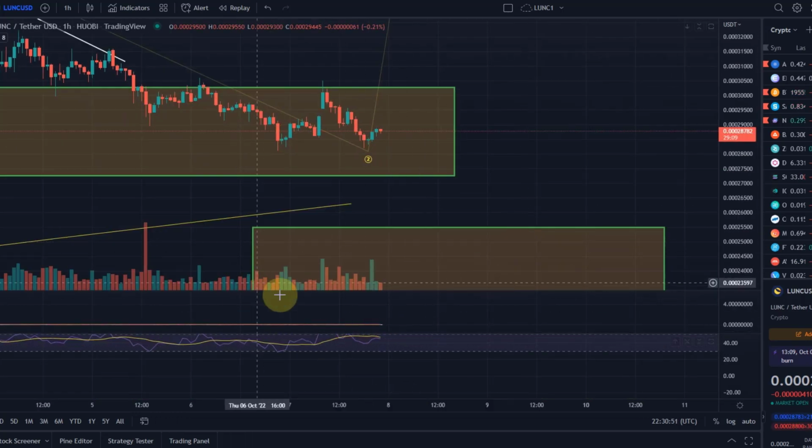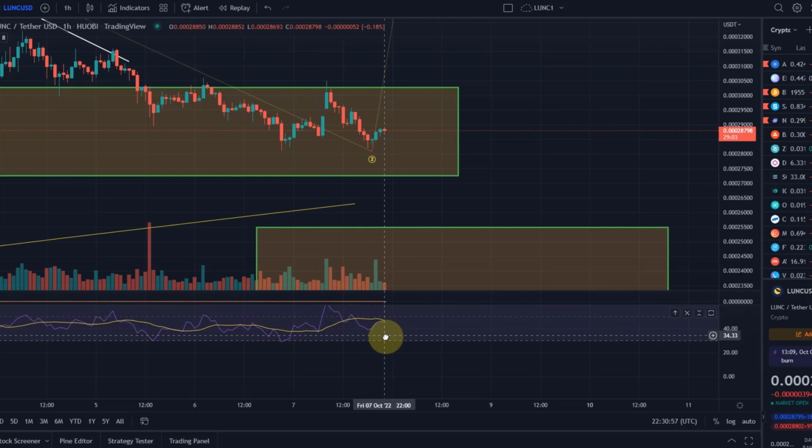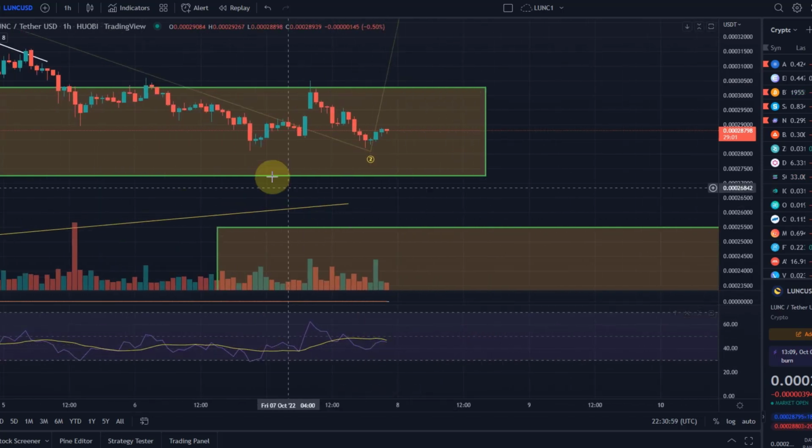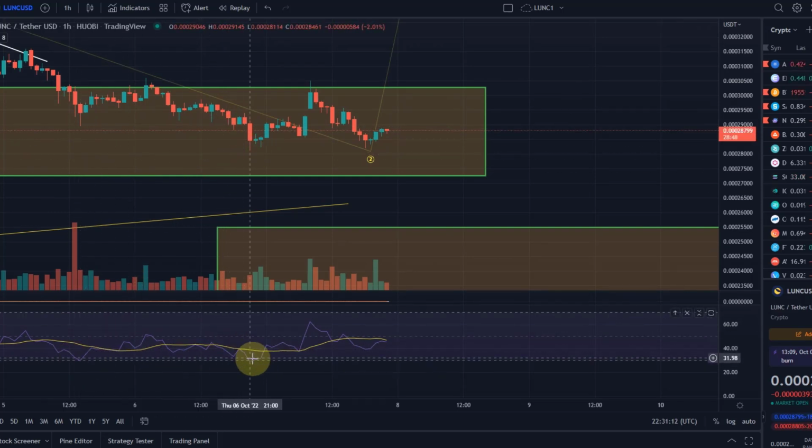What we can see, though, interestingly, is a bullish divergence on the RSI. You can see it here on the hourly. We have bullish divergence where we actually made lower lows on the price chart, and then let's say the same low, double bottom on the RSI.